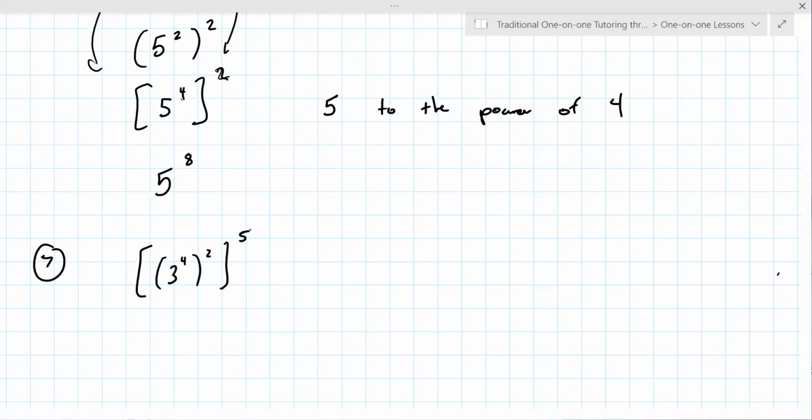Is it 3 to the power of 40? Yeah, so the shortcut here is that you can just multiply these numbers. Yeah, that's what I just realized.